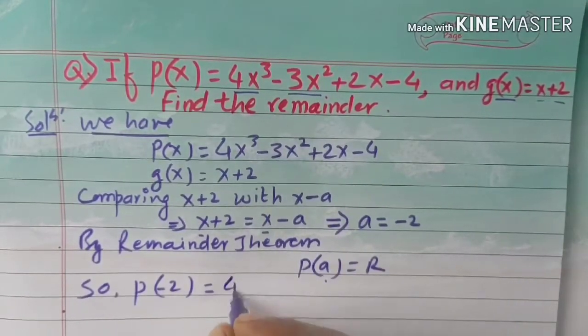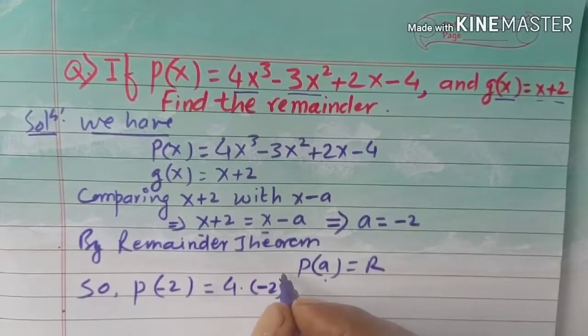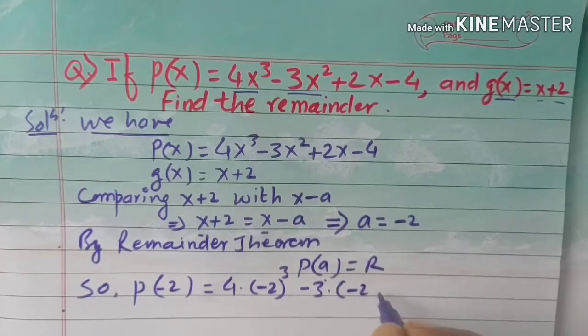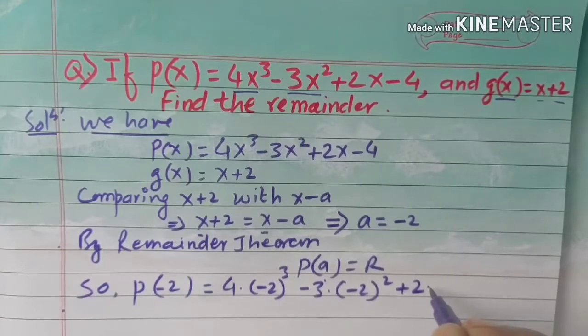So 4 times (minus 2) whole cube minus 3 times (minus 2) whole square plus 2 times minus 2 minus 4.